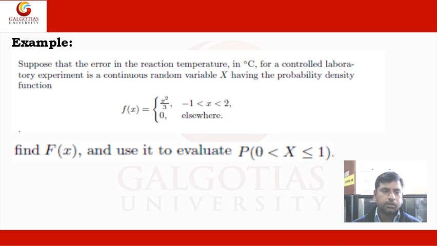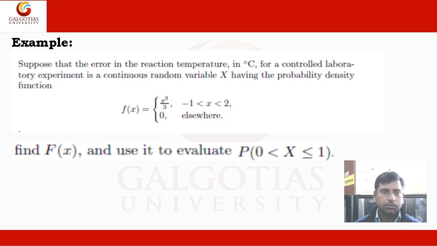Here is the example. Suppose that the error in the reaction temperature, in degrees centigrade, for the controlled laboratory experiment is a continuous random variable x having this probability density. Find the CDF and use it to evaluate the probability when x takes a value greater than 0 and less than or equal to 1.